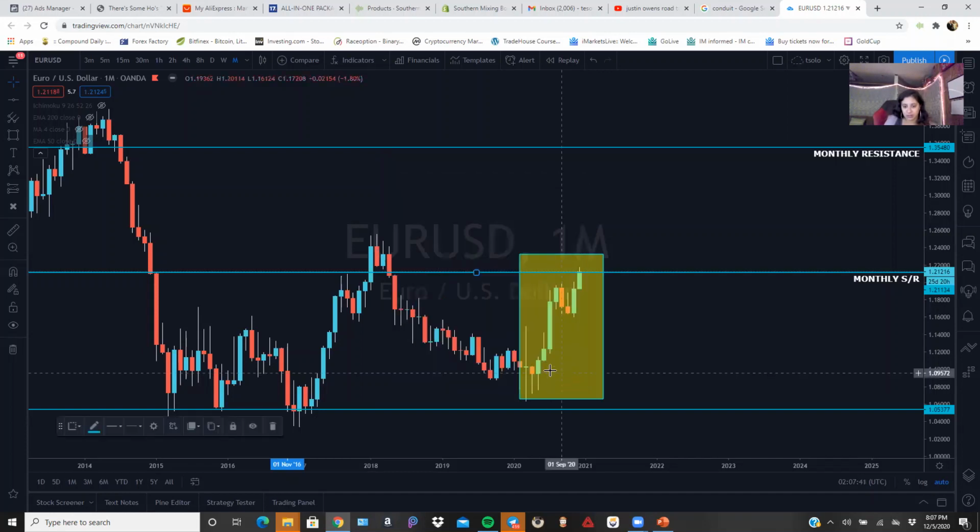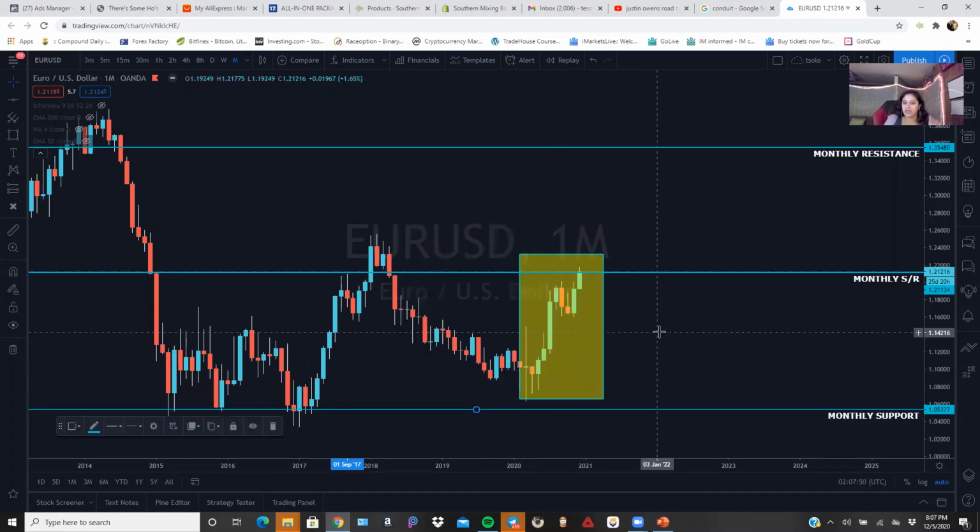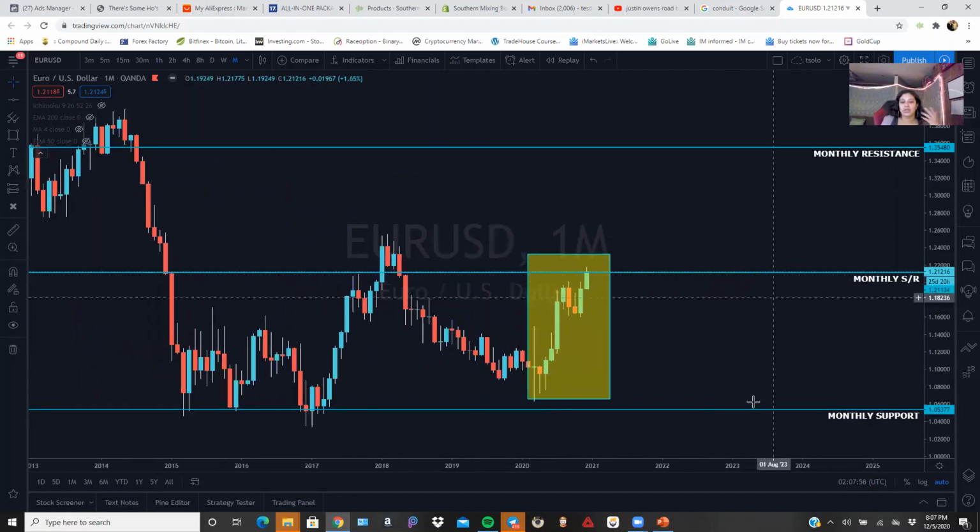Like this is a strong one, and then this one is a strong support. So start labeling it, okay? If you're not going to remember it, color code it or something, but label it. That's what charting is for, to help you see. All right, boom. Now we got that.